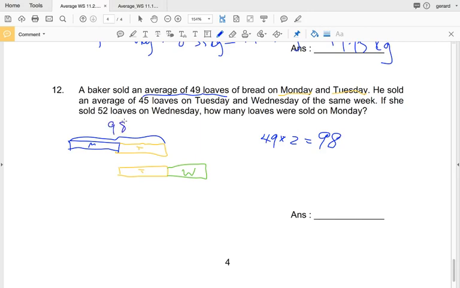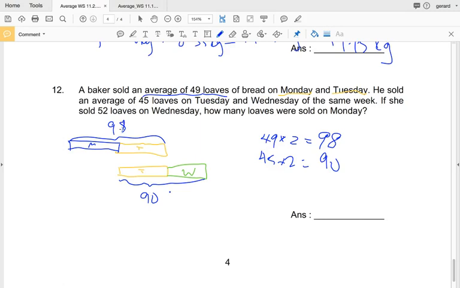Then we check the total for the bottom. Average 45 loaves on these 2 days, 45 times 2 equals 90. Now take note of the way I drew my model. You notice I drew the Tuesdays in line with each other so that it looks much easier. Another way is to draw Monday, Tuesday, and Wednesday all 3 side by side. Since I drew it like this, you take 98 over here.